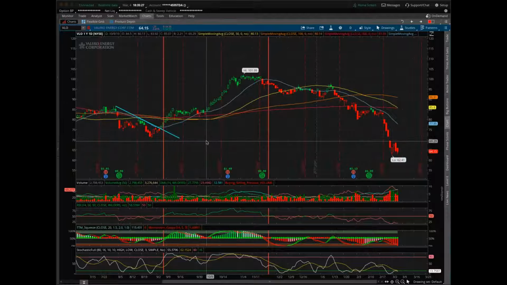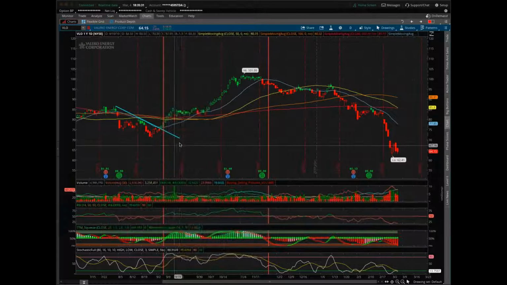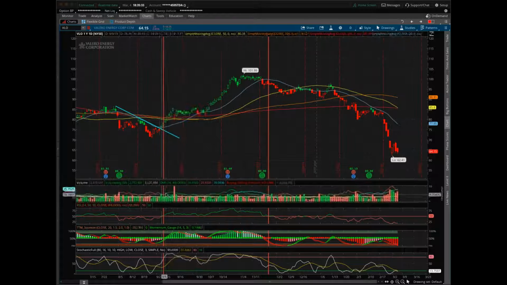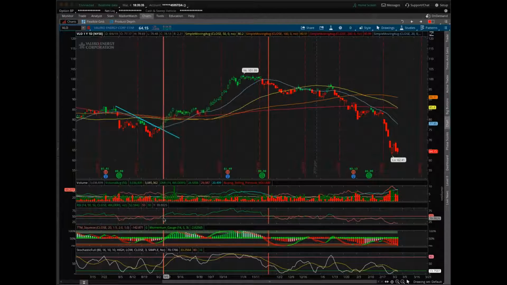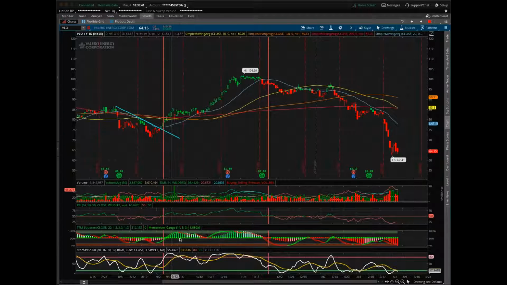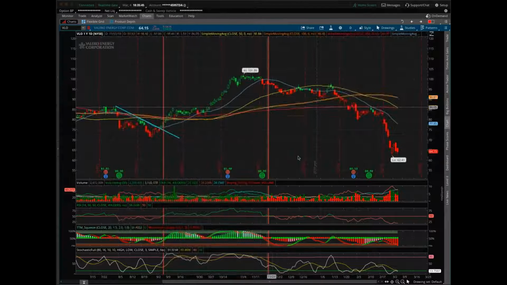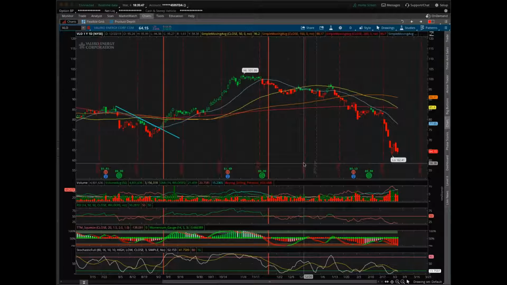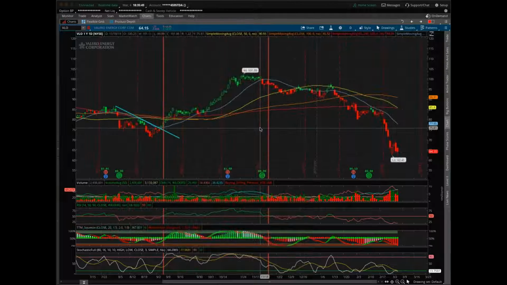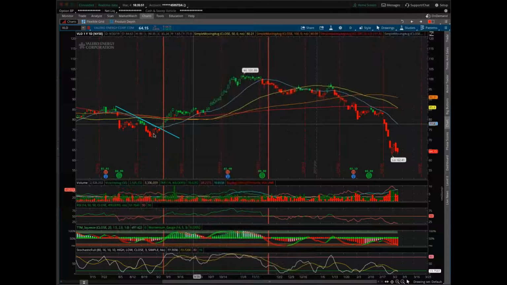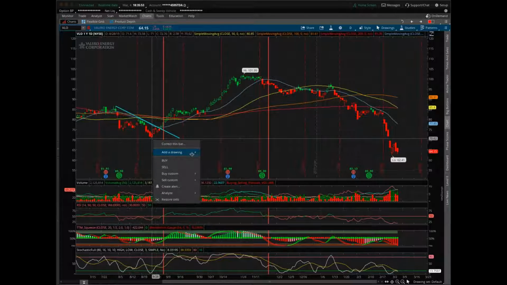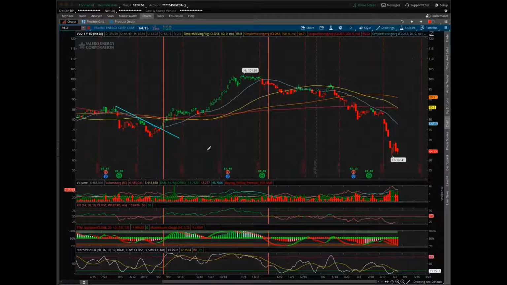So I want you guys for homework to look for these kind of crossovers. Look for the DMI crossover, the RSI crossover, the momentum crossover, and the stochastics moving in the right directions. Okay? I want you to look for one on the upside and then one on the downside.